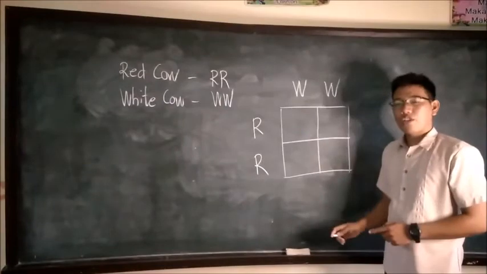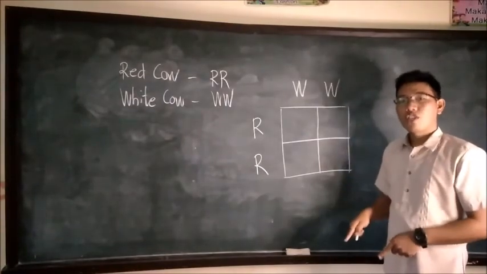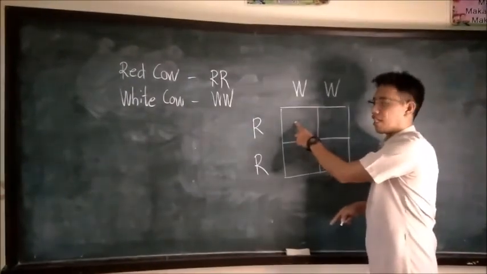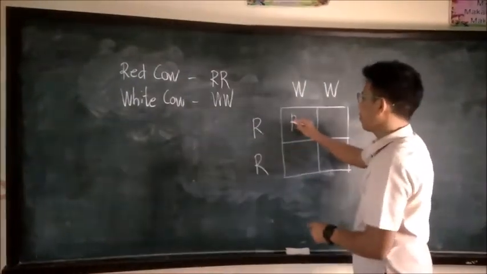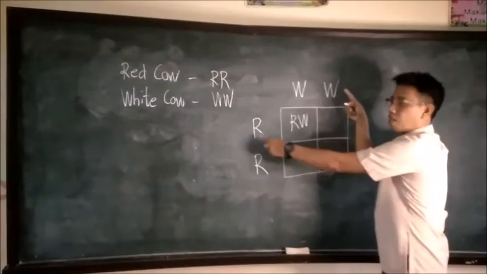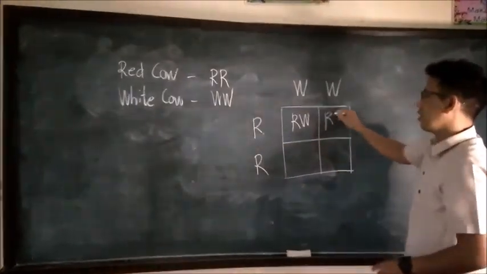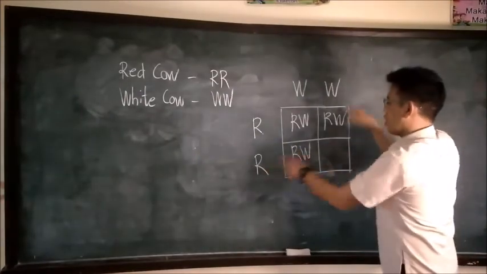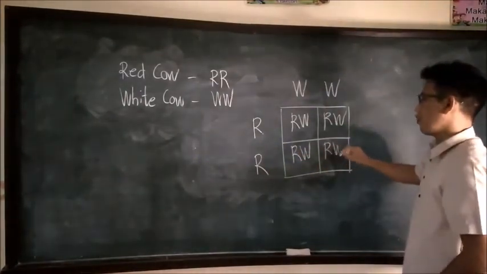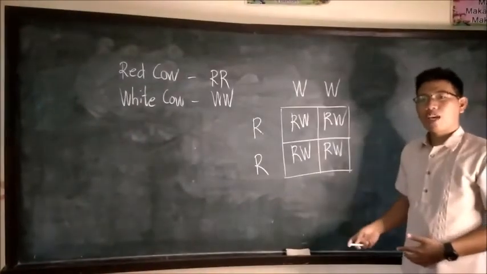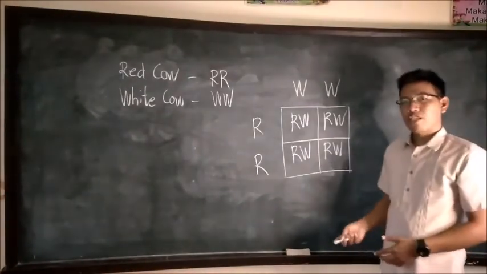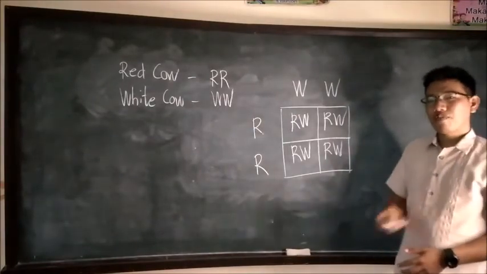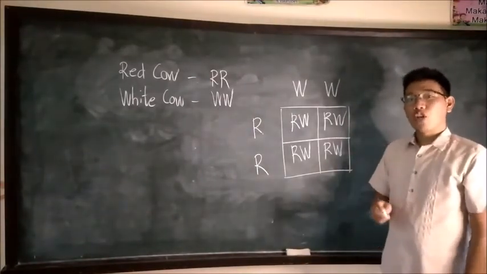The next thing that you are going to do is to cross the genotypes of the parents and arrange it again alphabetically. Copy R, copy W, R, and W. R, W, R, and W. So you now have the genotypes of the offsprings when you cross a red cow and a white cow. So you now identify the phenotypes of the offsprings.